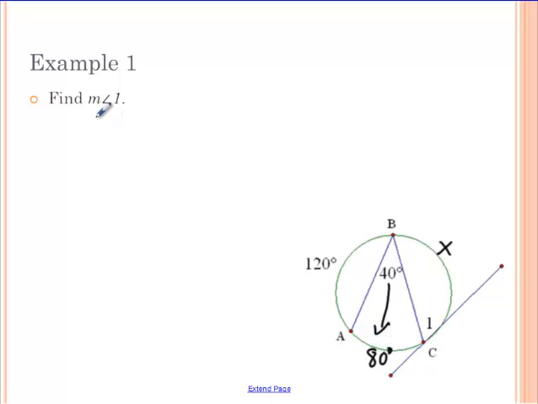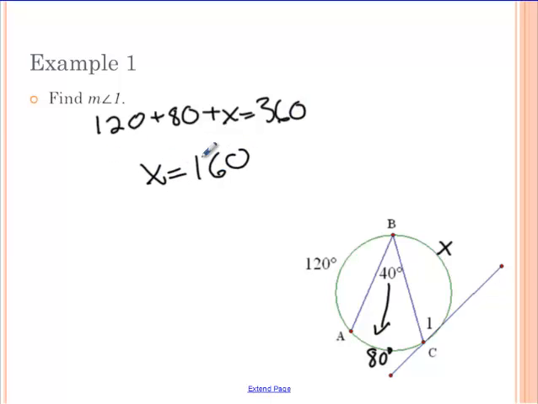All three arcs on a circle are going to add up to 360 degrees. So 200 plus x equals 360, and x equals 160. And since that's 160, I divide by 2 because angle 1 is on the circle. So the measure of angle 1 is 80 degrees.